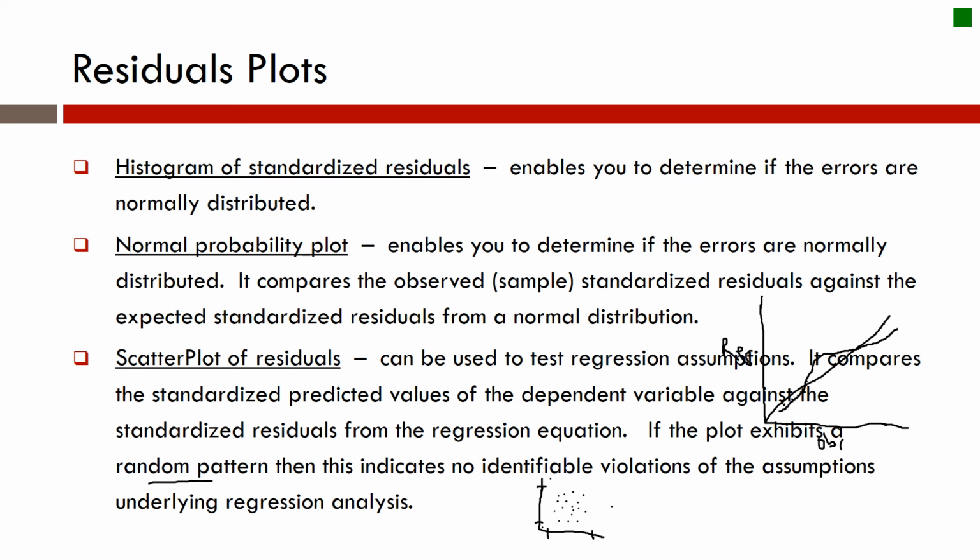We would look for a random pattern with no identifiable violations. But if we see a pattern in the data, or data outside the extremes here, then we know we have some potential problems.